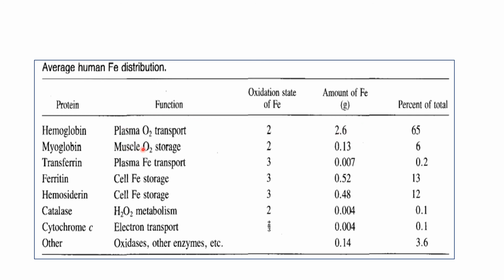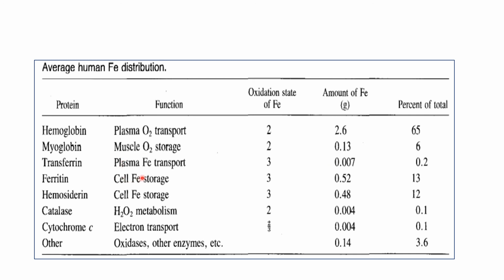Transferrin is the plasma iron transport protein. It contains 0.007 gram iron. Ferritin is the cell iron storage, with 0.52 gram iron stores. Hemosiderin, cell iron storage, contains 0.48 gram iron.